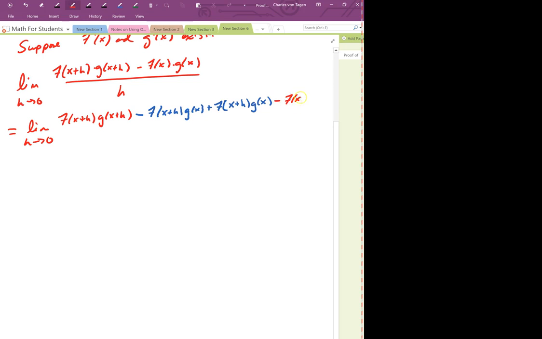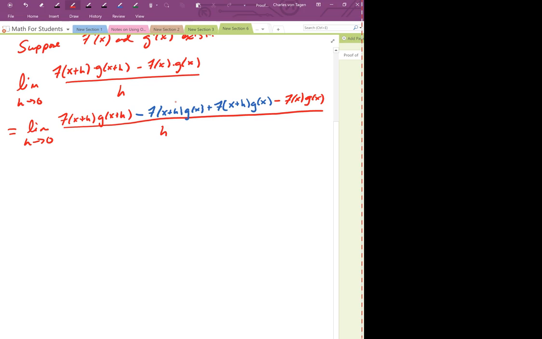Minus then f of x times g of x, and this will all be over h. Okay, so one more time, what was that step? Well, I took an expression and subtracted it inside the larger limit, and then I've added it back. So the net of these two is 0, so I haven't changed anything.